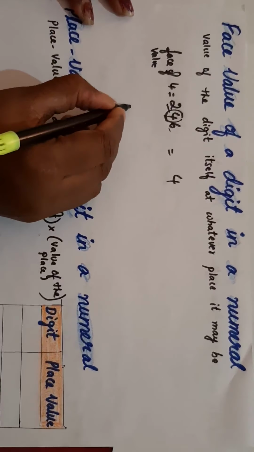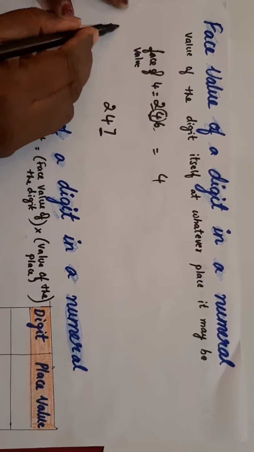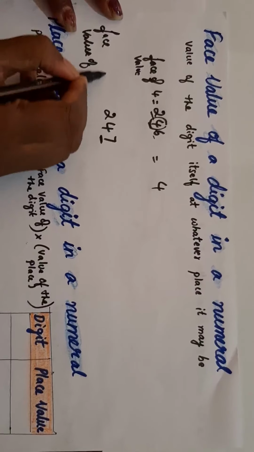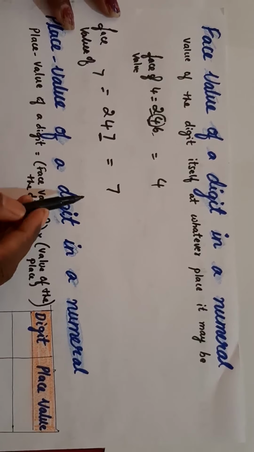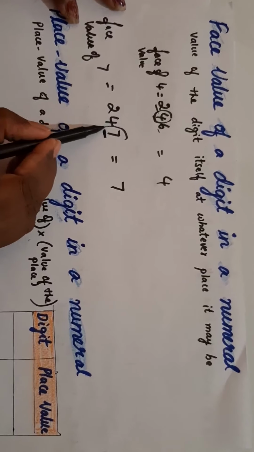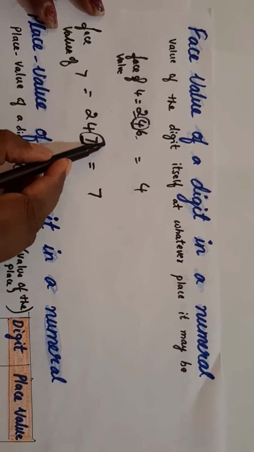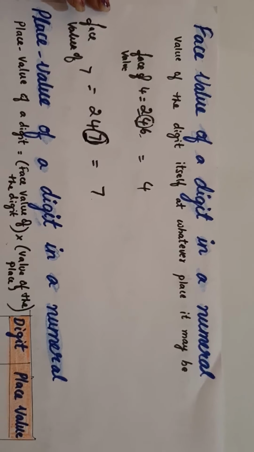Another example, 247. What is the face value of 7? The answer will be 7 only.